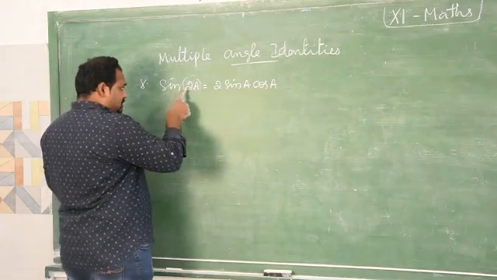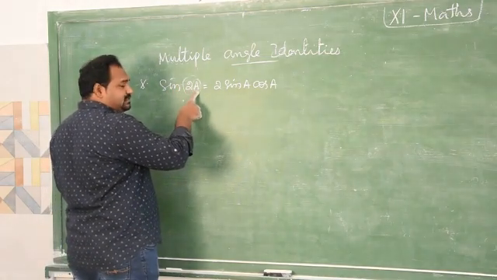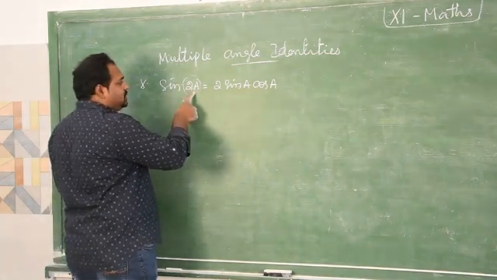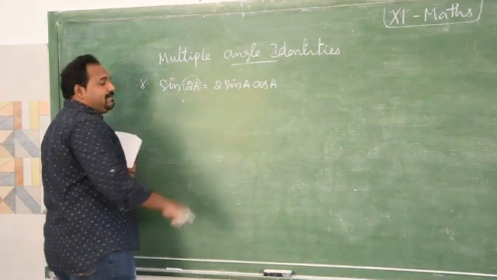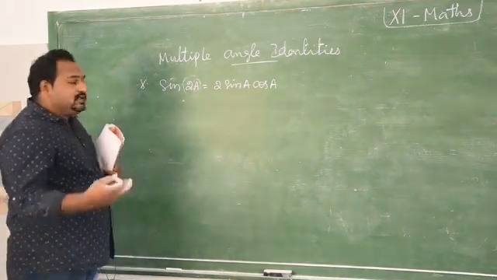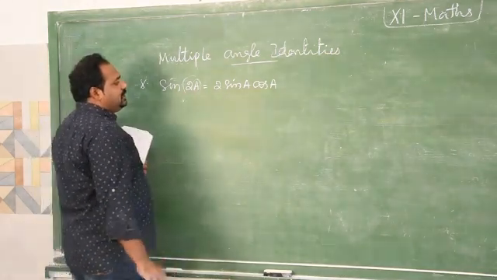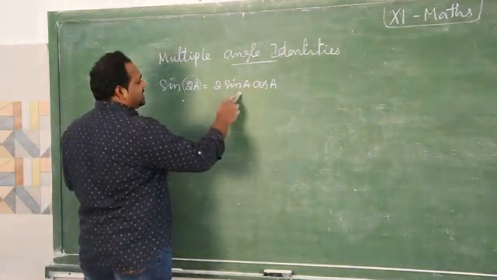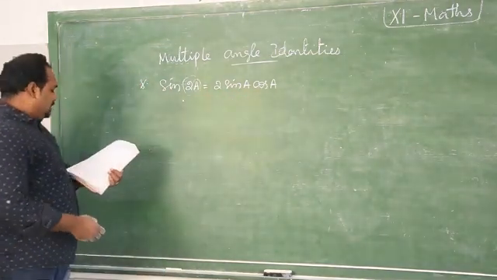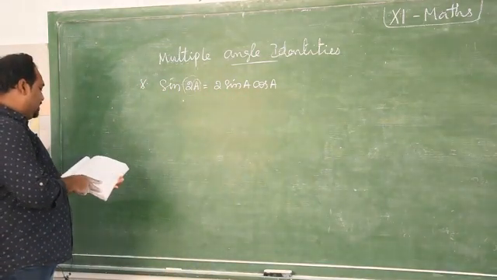Here we have to check the 2 into some argument. In the arguments we can have A, B or x, y, A, theta, whatever it may be. 2 into the angle is called a multiple angle. 2 sin A cos B can be expressed instead of sin 2A.